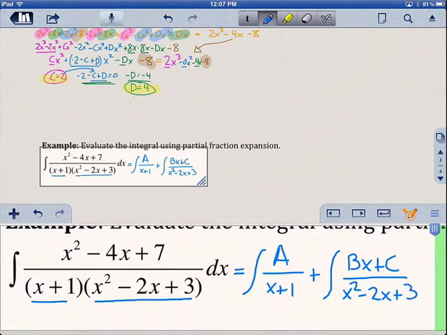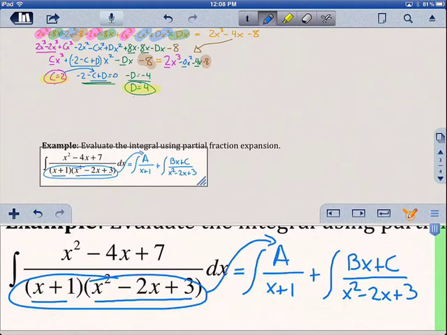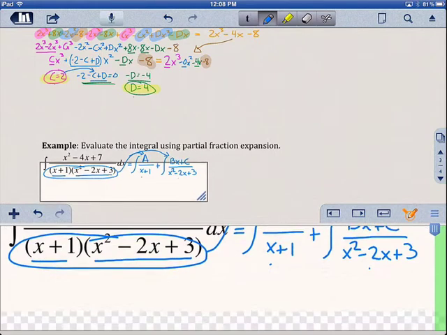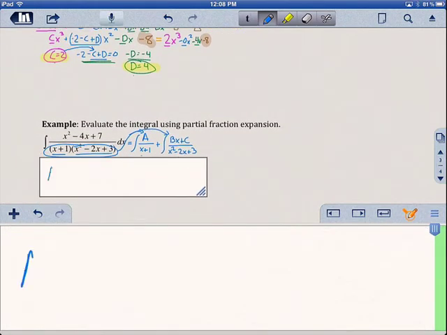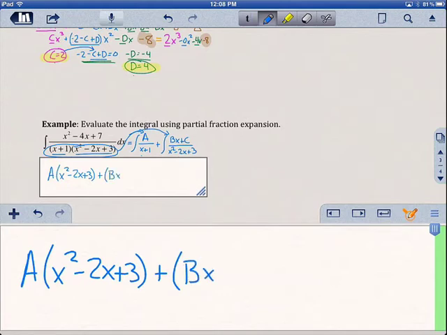Okay, now we're going to go ahead and multiply by the denominator here, and then the respective factors, of course, are going to cancel out. So we're going to be left with A times x squared minus 2x plus 3 and then plus Bx plus C times x plus 1.